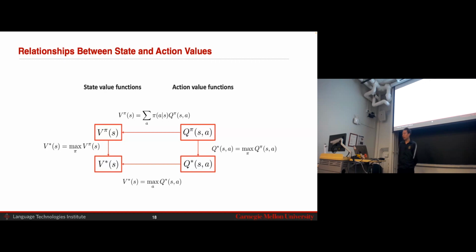If you have the optimal action value, then essentially the value of the state is just taking that best action, seeing how high it is. That gives you the optimal value of the state. Right, so all of these are the same. Depending on your environment, you might choose one over the other. For example, if your actions are huge and continuous, you might not want to learn your action value functions. If they're small and discrete, it might help to learn those.